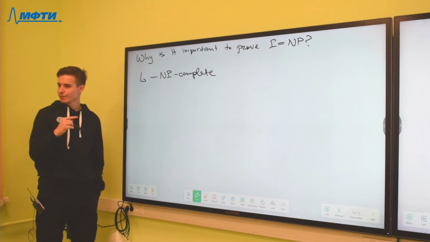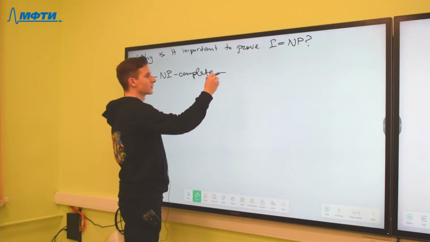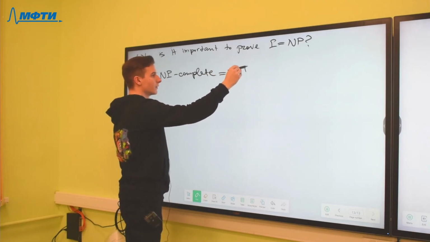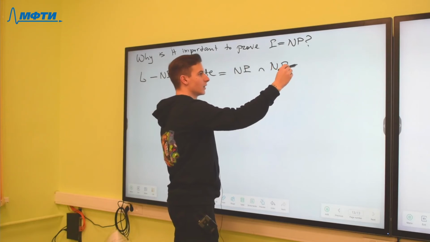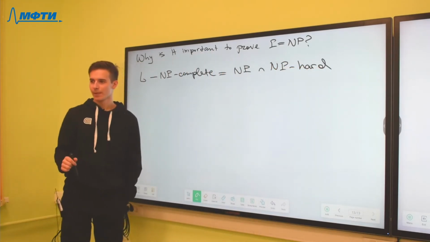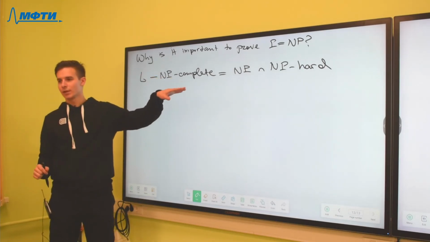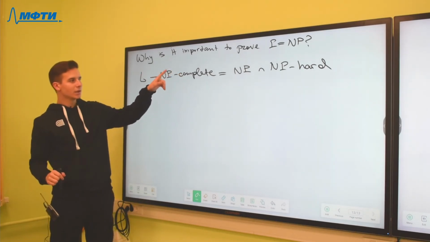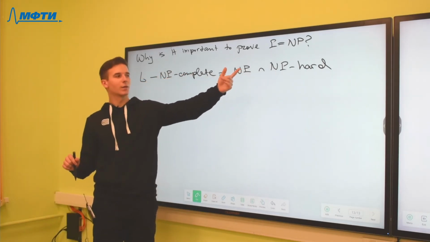Do you know what it is? NP-complete. It means that there are tasks in the NP class that are NP-hard. So L is an NP-complete language if it is in the NP class and it is NP-hard.